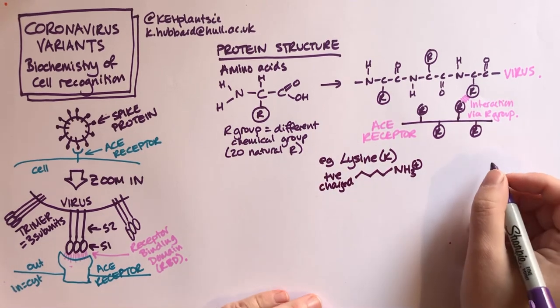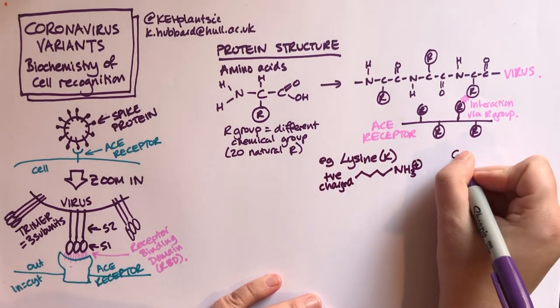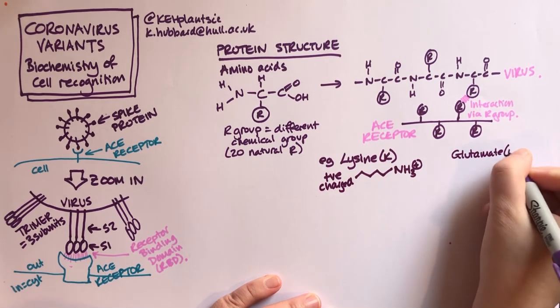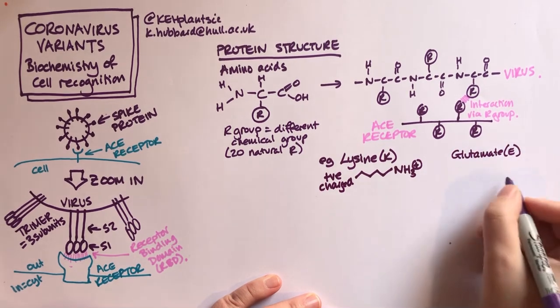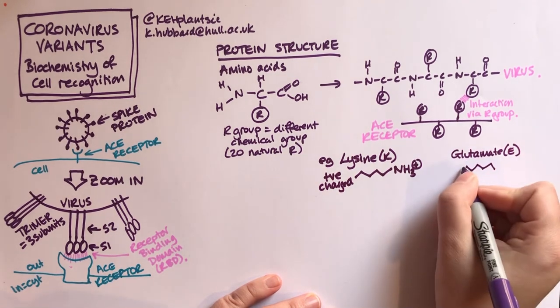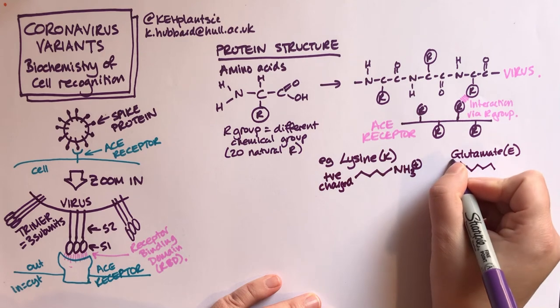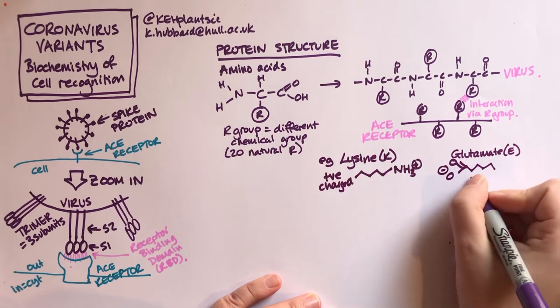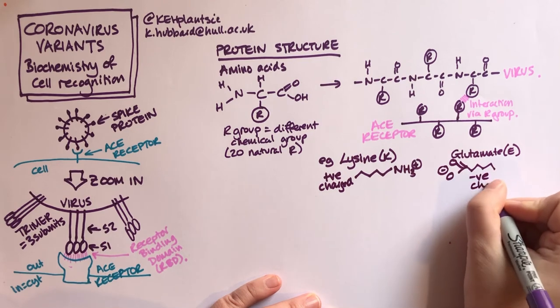Now, if that's next to an amino acid called glutamate, which is given the abbreviation E, well, glutamate's R group is a carboxylic acid, which would generally be negatively charged.